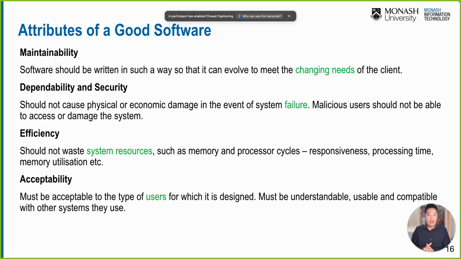We may develop for 1 year, but we may need to maintain it for another 4 years to make sure that it has a 5-year lifetime, that kind of thing. The software should be dependable, and it should be highly secure. Right now, as you have seen in the headline news, personal information was leaked and stolen via Medibank, Optus, that kind of thing.